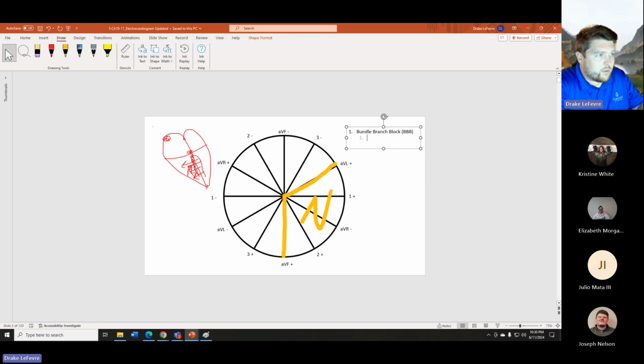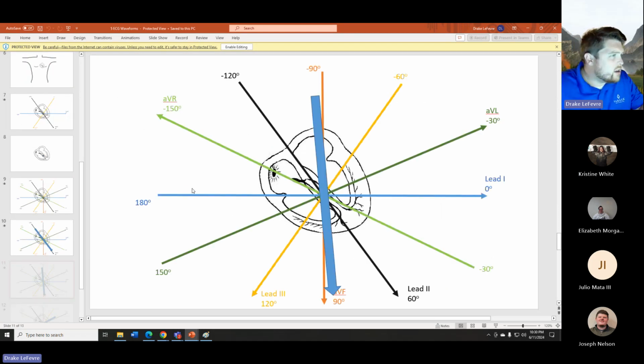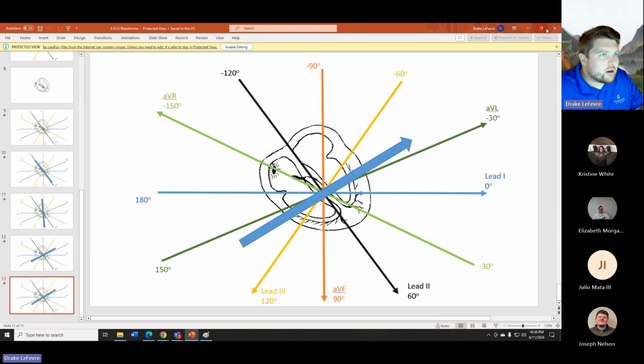So the bundle branch block, let's break it down. If it is a right bundle branch block, we get deviation to the right. Let me double check this real quick, because I'm not 100% confident on this, and I do not want to tell you guys wrong.